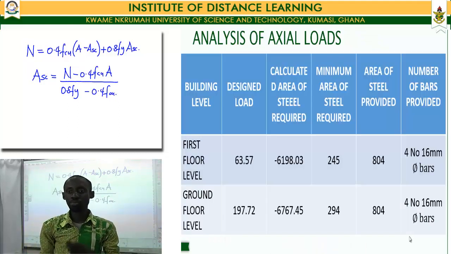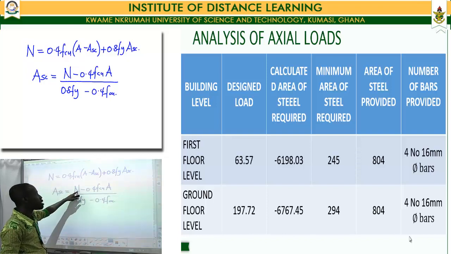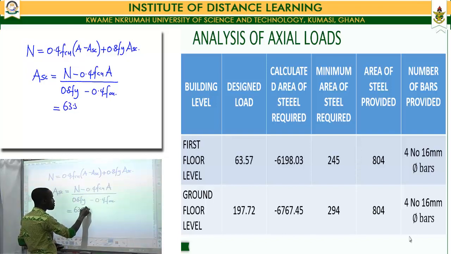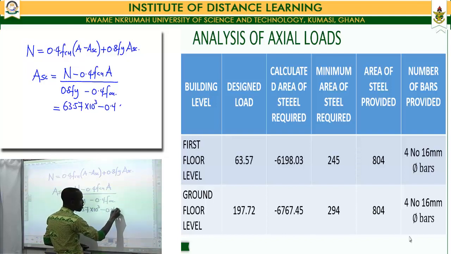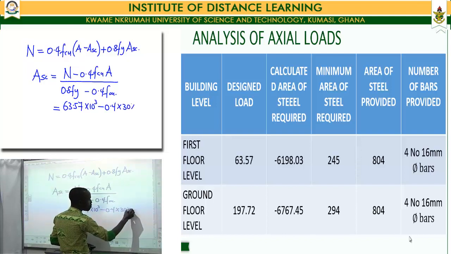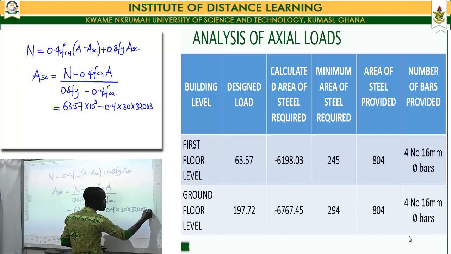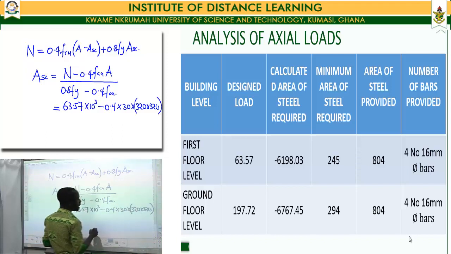Once we substitute the various parameters into the equation for our first floor, our N now becomes 63.57, since it's in kilonewtons, it's multiplied by 10 to the power 3, minus 0.4 multiplied by 30 multiplied by 320 by 320, to make up for the gross cross-sectional area of our column.